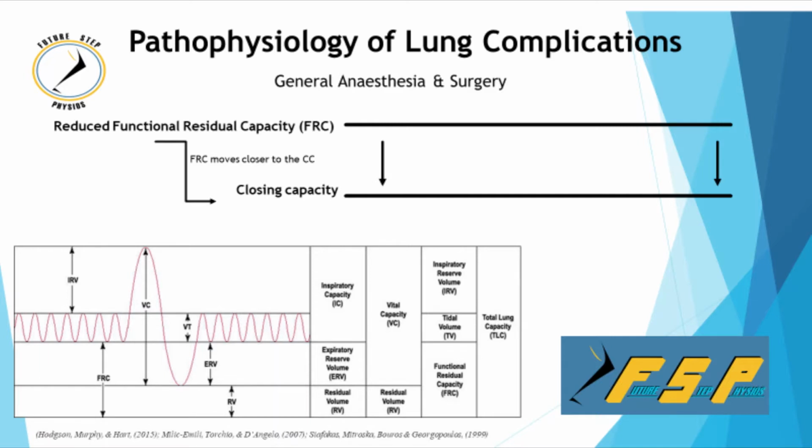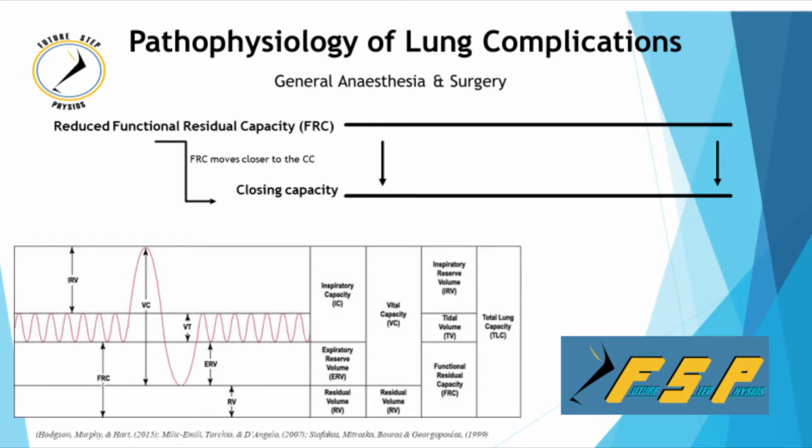Well, functional residual capacity is needed to keep the alveoli and the small airways open. The lower the FRC, the increased chance of alveoli deflation and therefore low lung volumes. Therefore, it's imperative to get our patients into a more upright position to increase the FRC, but we'll talk about that more later.